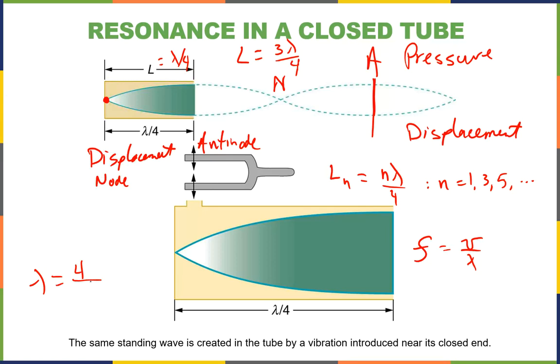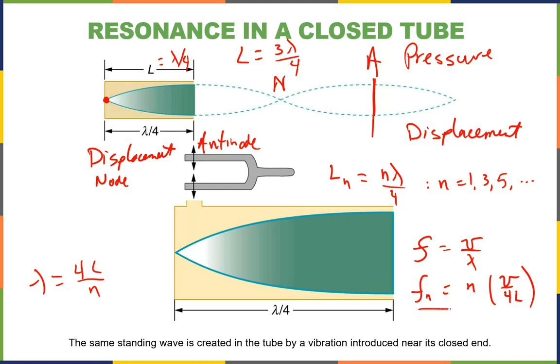So when we're talking about the lambda over 4, is that specific to resonance in a closed tube? It's a closed tube if you have these numbers here. Because then the other one we have is lambda over 2, for the string. For the string, we had an equation that was very similar to this.